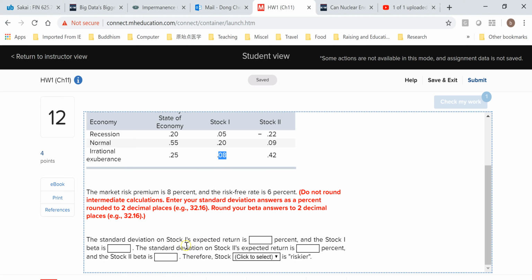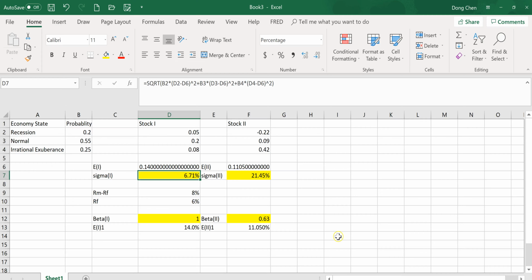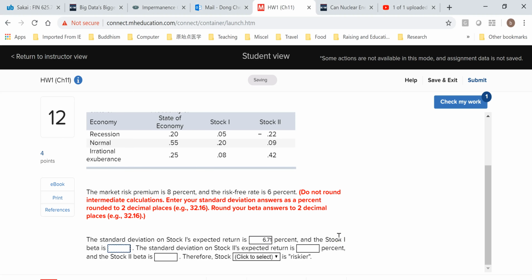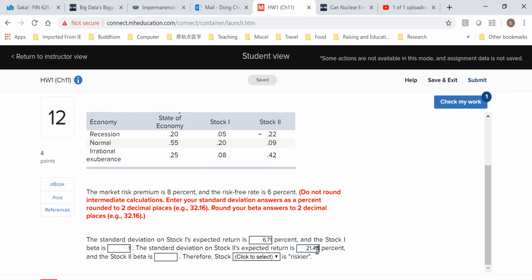So copy the number. The standard deviation on stock 1's expected return is 6.71, and stock 1 beta is 1, and the standard deviation on stock 2's expected return is 21.45, and stock 2 beta is 0.63. So here, the final part of this question, which stock is riskier?